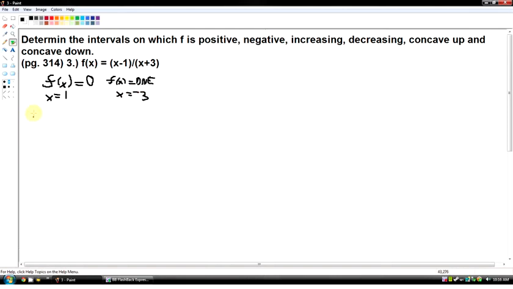Now, here we make a sign chart and determine where everything is positive and negative. So we can do the numerator first.